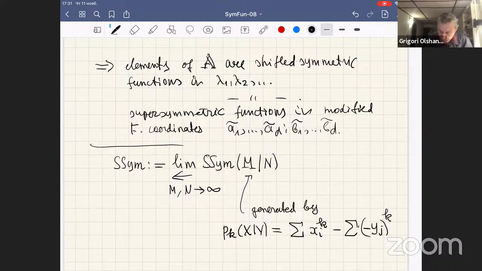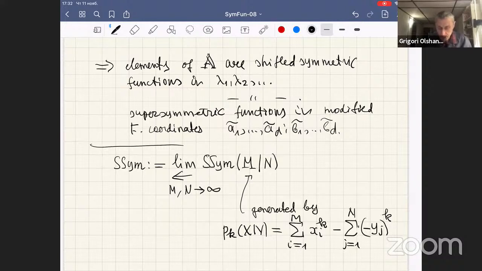If you want infinitely many variables, we take formal sums in infinitely many x's and infinitely many y's.